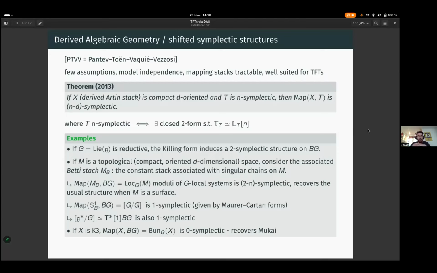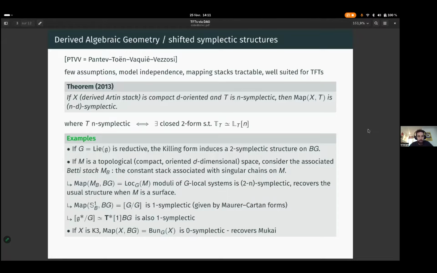What does it mean to be shifted symplectic? It means that we're going to need not only tangent or cotangent spaces to our object, but tangent and cotangent complexes. Since they're complexes, we'll be able to shift them, and then being shifted symplectic only requires that our closed two-form induces a quasi-isomorphism between the tangent and the cotangent complexes, with an eventual shift, which gives this shifted structure.